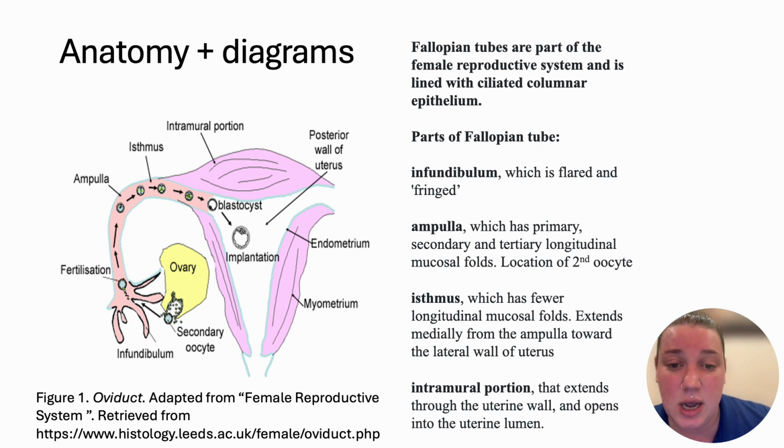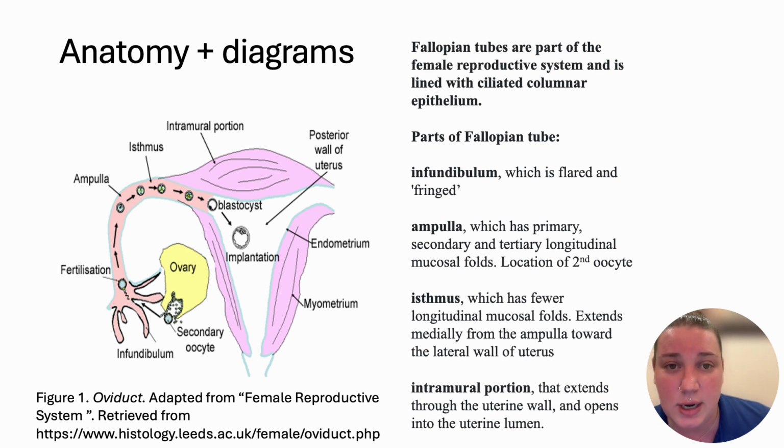And the isthmus has fewer longitudinal mucus folds, and this extends medially from the ampulla toward the lateral wall of the uterus. And it forms about 1/3 of the length of the uterine tube as well.